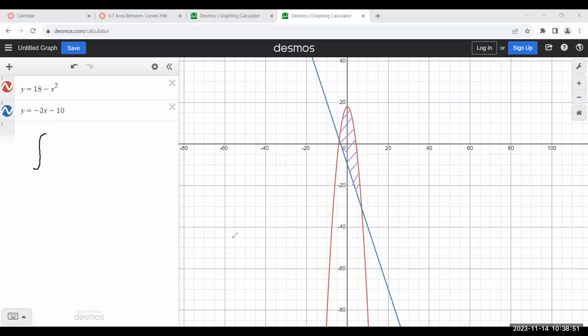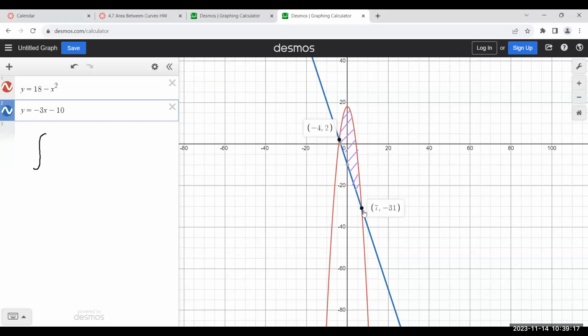So I love Desmos for this because if I didn't have Desmos, I would have to take these functions and set them equal to each other and solve for x, which I can totally do, right? But look, I can also go on Desmos and I have the place where my shaded area begins, that's at the -4.